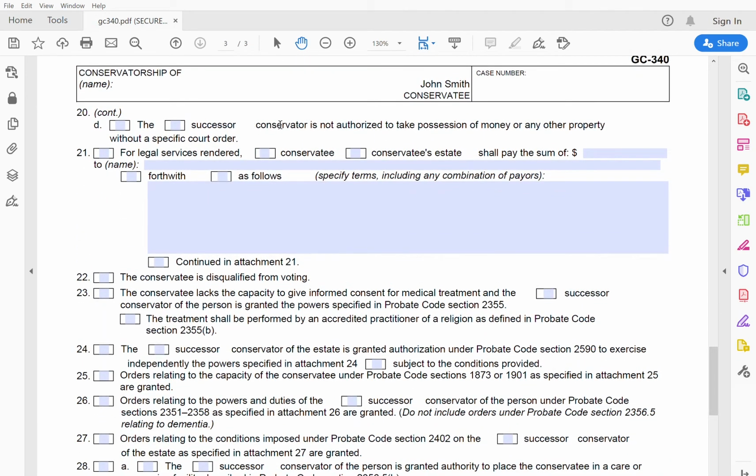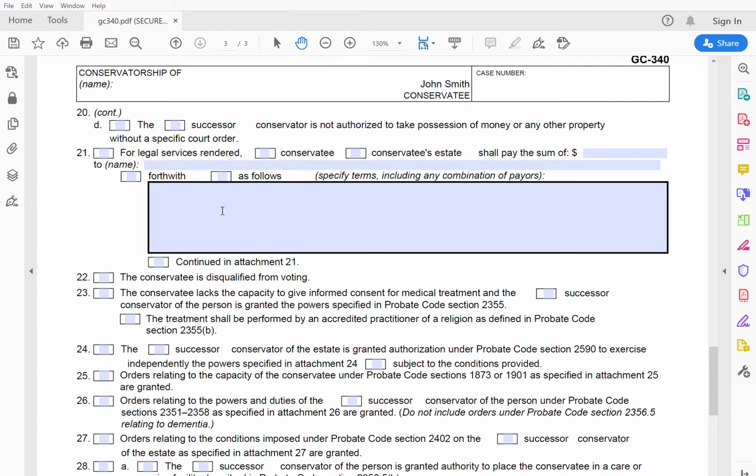20D, once again, this is going to be something that is more for a limited conservatorship of the estate. 21, I leave this blank. I let the court determine how payment is going to happen, if there's any payment at all, for the court-appointed attorney for the conservatee. If the conservatee has substantial assets and the court has appointed a private individual, as they do in some counties, Sacramento comes to mind, then this would be filled out.